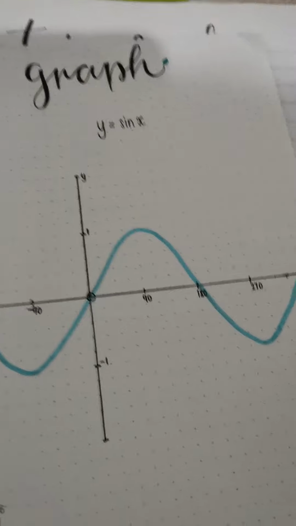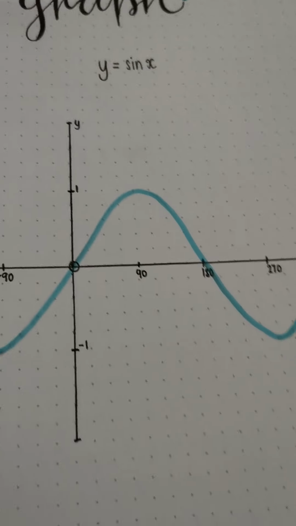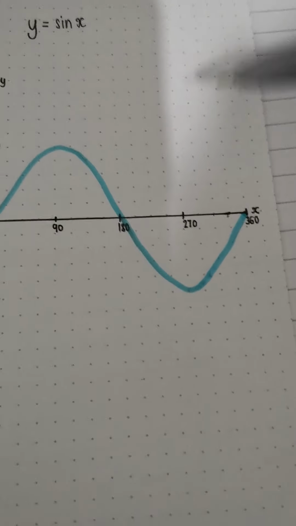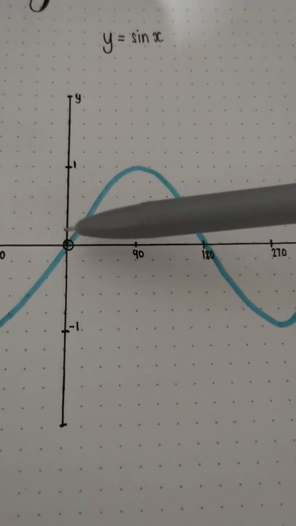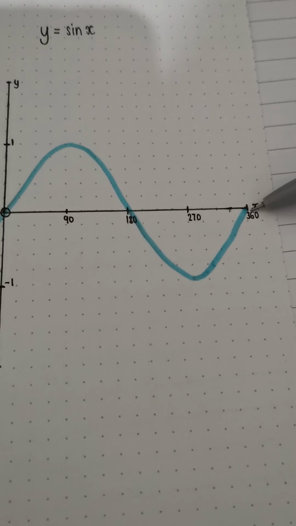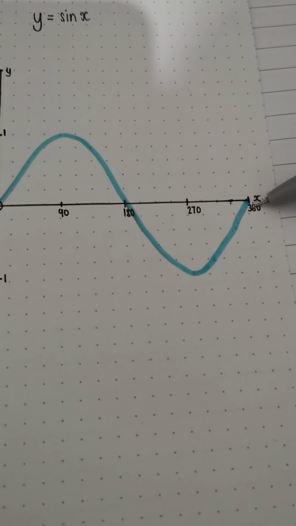This is very linked to exactly what we were just talking about, the period. I'm going to go into more detail about it in a few minutes, but basically what I'm saying here is from here till 360 degrees, it completed one cycle. So therefore, its period is 360 degrees.